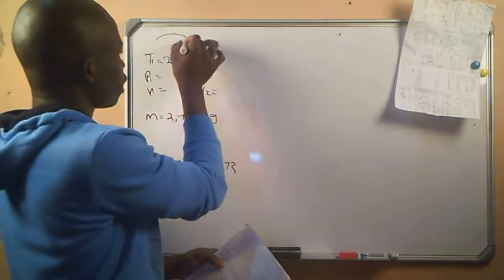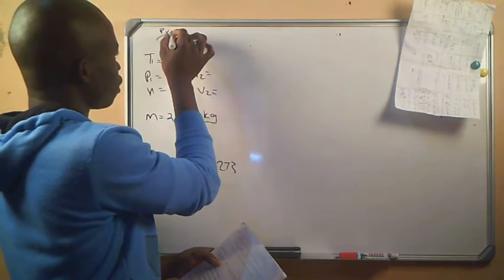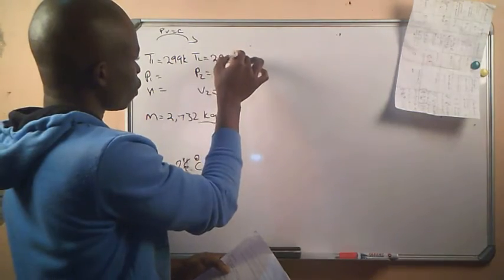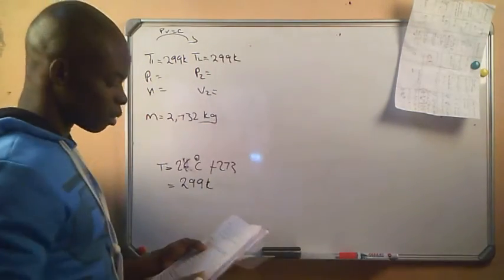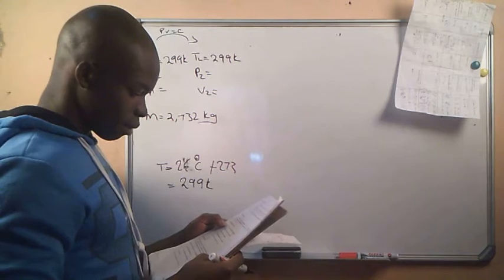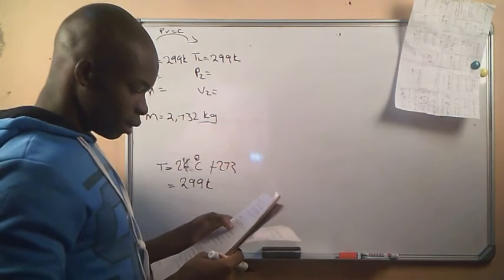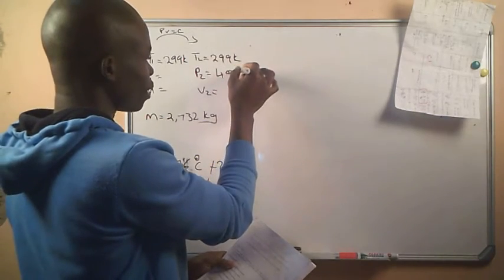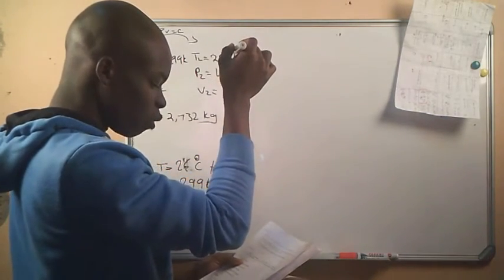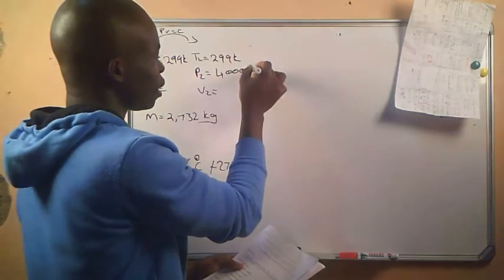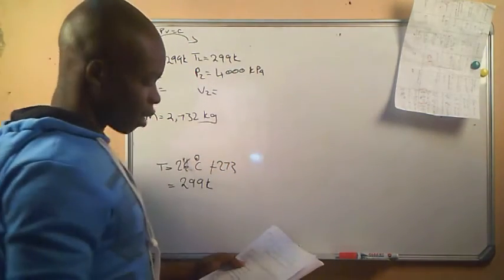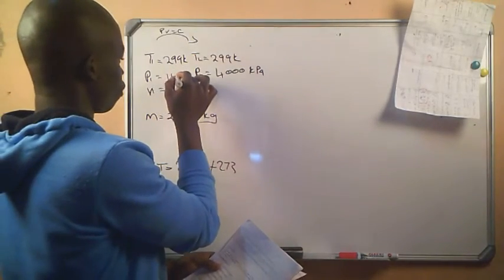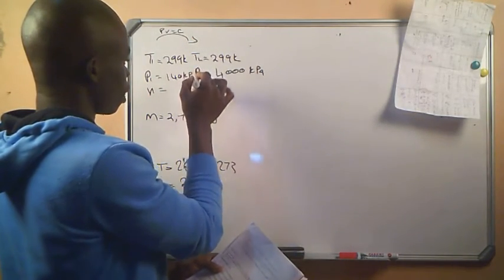They say our gas is compressed isothermally. Using this law, we know that isothermally T1 is equal to T2. That's constant temperature. To a gas, this is our P2, 4,000 kilopascal. From 140 kilopascal, that is our initial pressure.